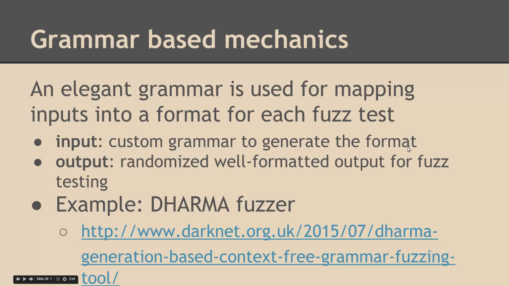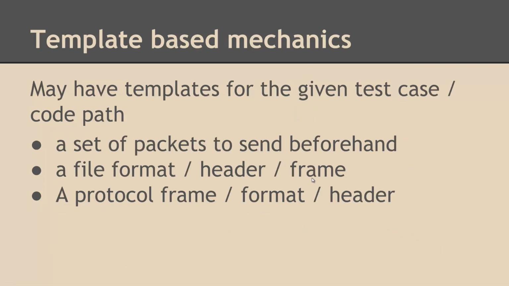It may be something like header, body, footer, and for each of these three keywords, various things will match to it once the grammar is parsed, and the output would be randomized, well-formatted output for the fuzz testing. It makes it elegant to describe the test cases, and there's an example here that was released this year, the Dharma Fuzzer. If you would like to read an article, this summarizes it quite nicely.